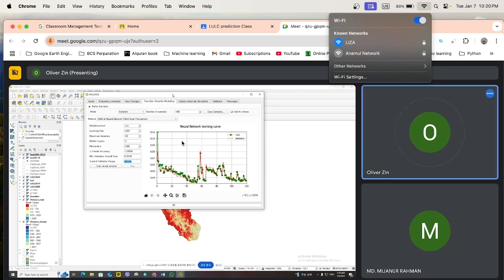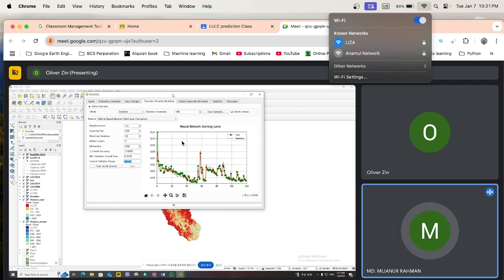Okay. So sir, one question. Overall accuracy should be a positive value in case of optimal learning. In this case, overall accuracy is a negative value, so I think this data set has some problem.